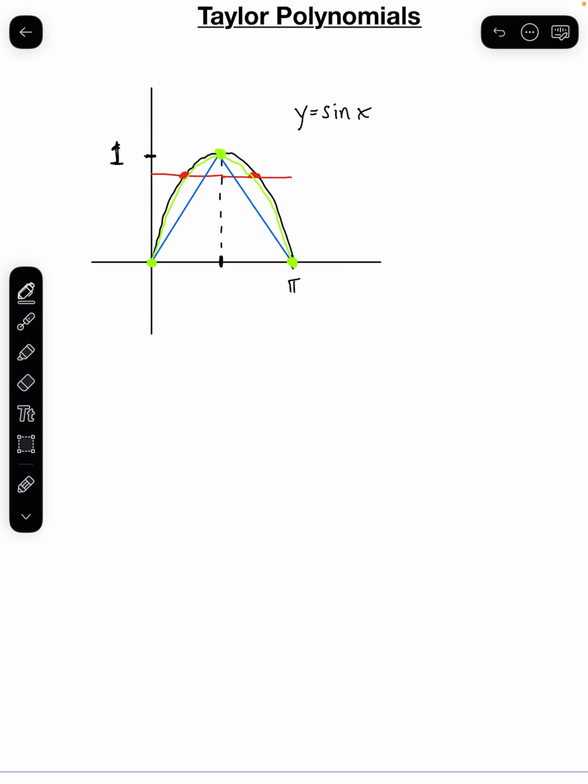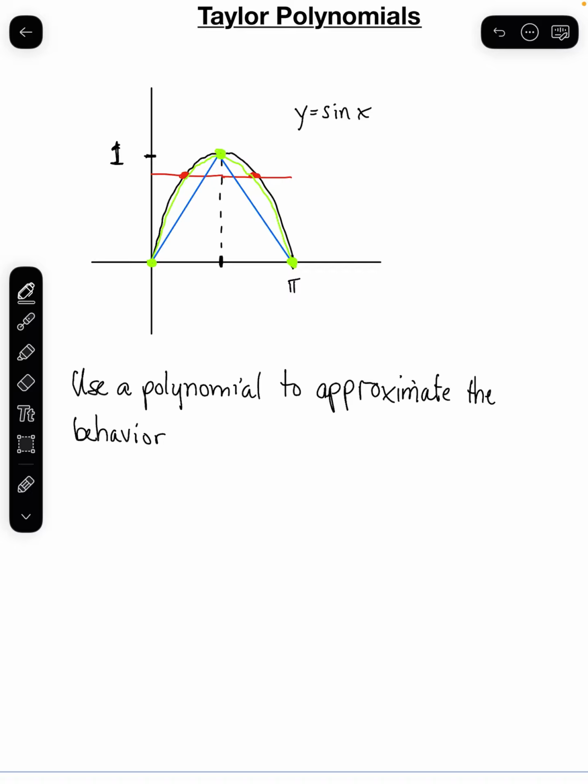The concept of a Taylor polynomial is we want to use a polynomial function to approximate the behavior of a non-polynomial function by matching as many characteristics of that function as we can.